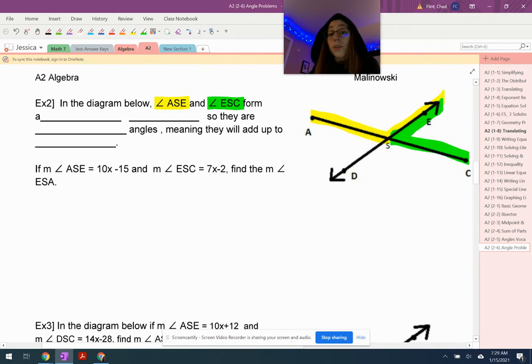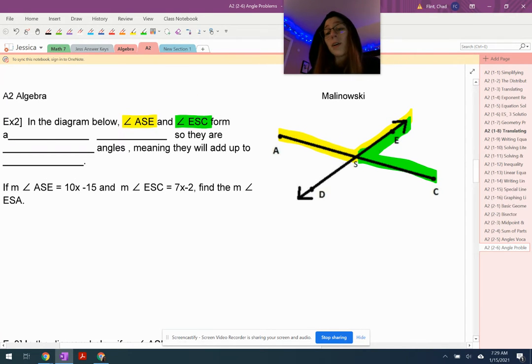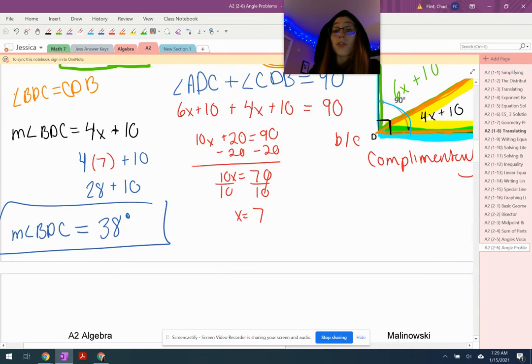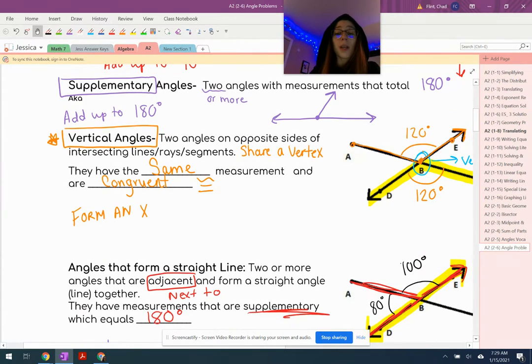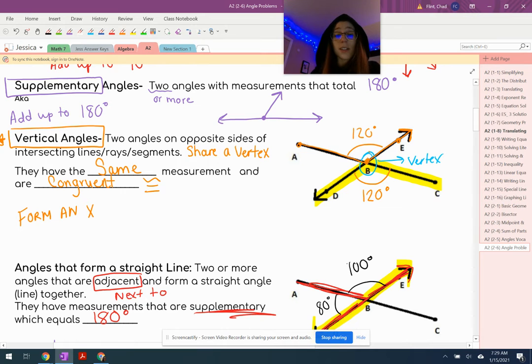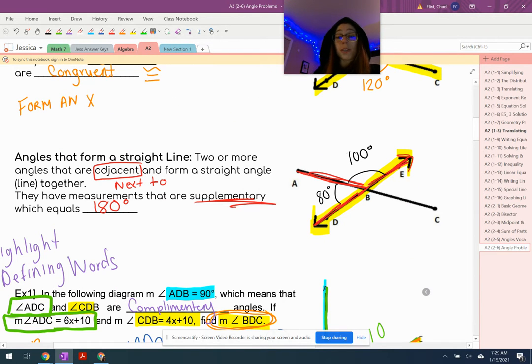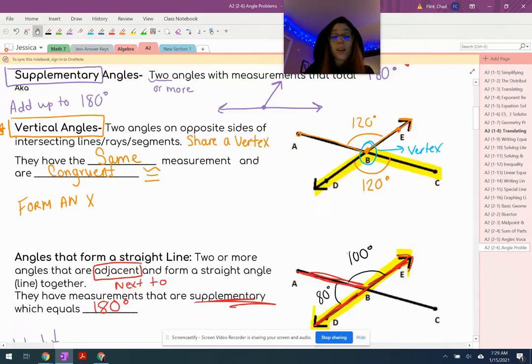Well, totaling 180, we know 180 is a straight angle or that straight line, and I am seeing a straight line here. The yellow highlight and the green highlight together do give me that line segment AC, meaning that should be 180. They aren't vertical angles because they're not opposite of each other like this orange one and the yellow one in this picture. Angles that form a straight line, this is also the same kind of thing as supplementary.